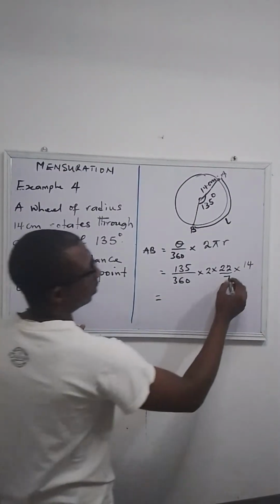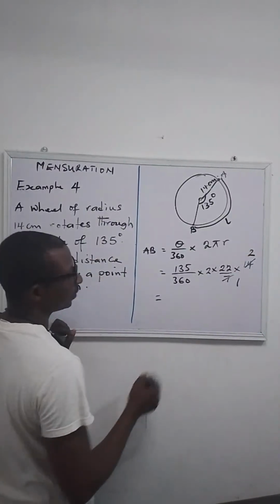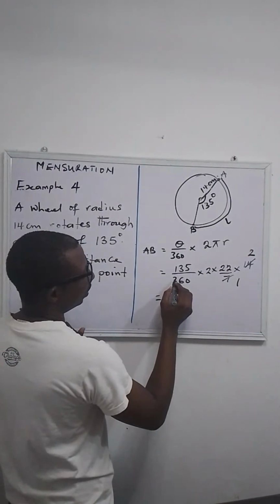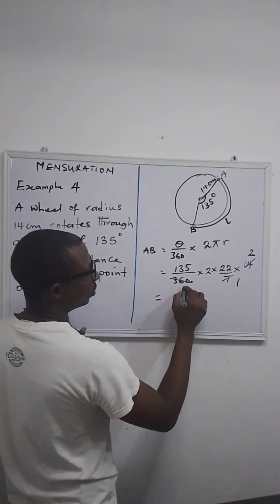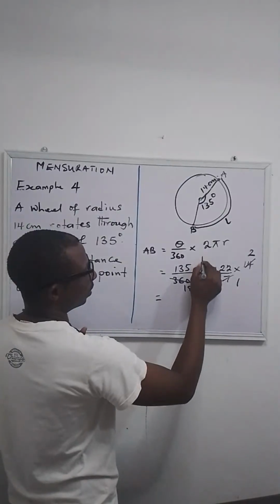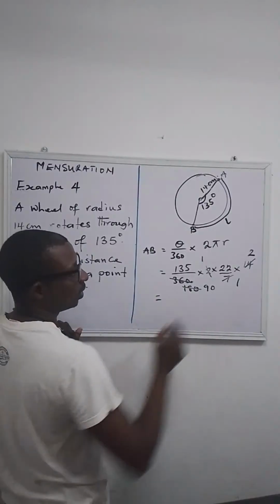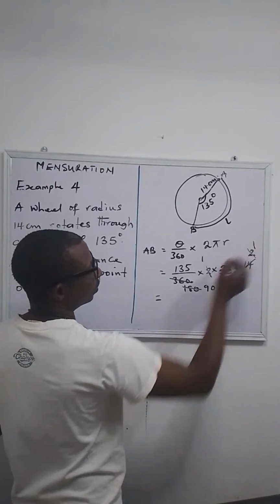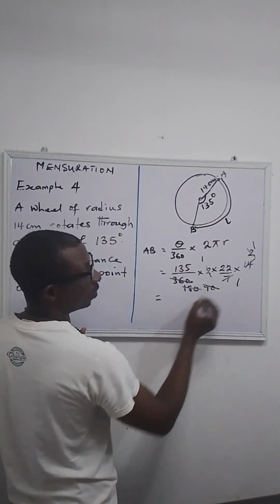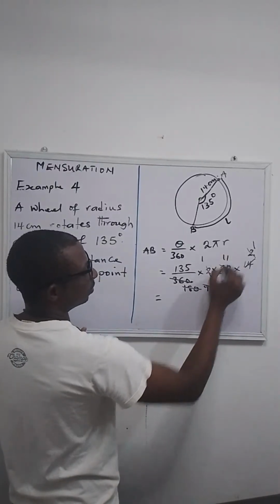Now see, 7 goes into 7 once, and 7 goes into 14 twice. Now let me reduce this. 2 goes into 180, that is 90, and 2 goes into 2 once. 2 goes into 90, that is 45, and 2 goes into 22, that is 11.